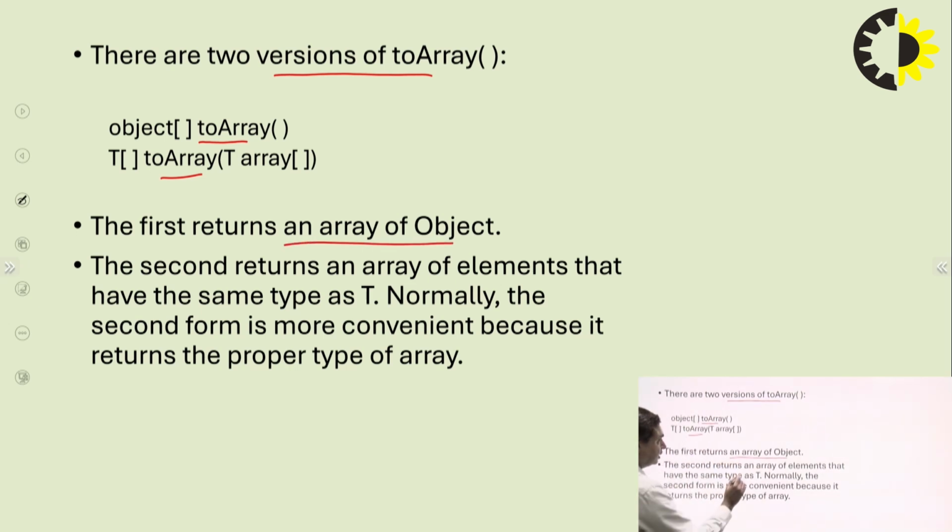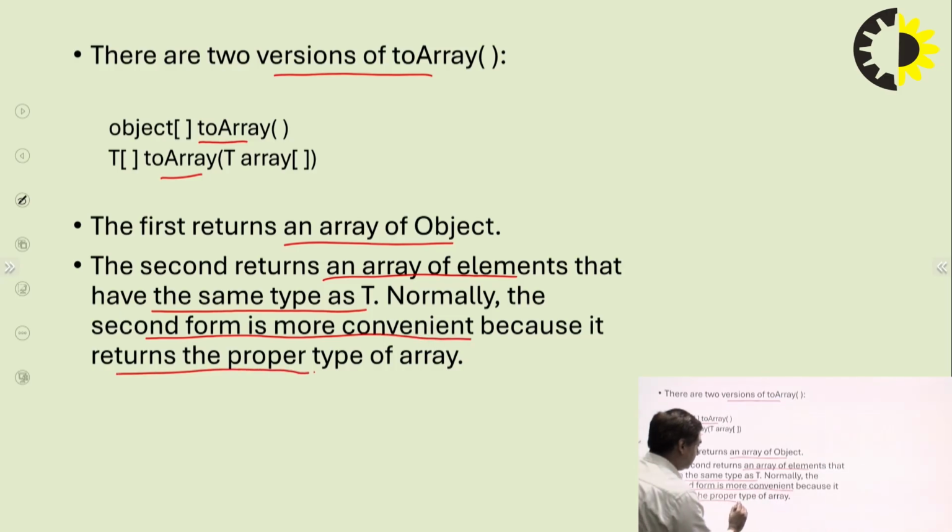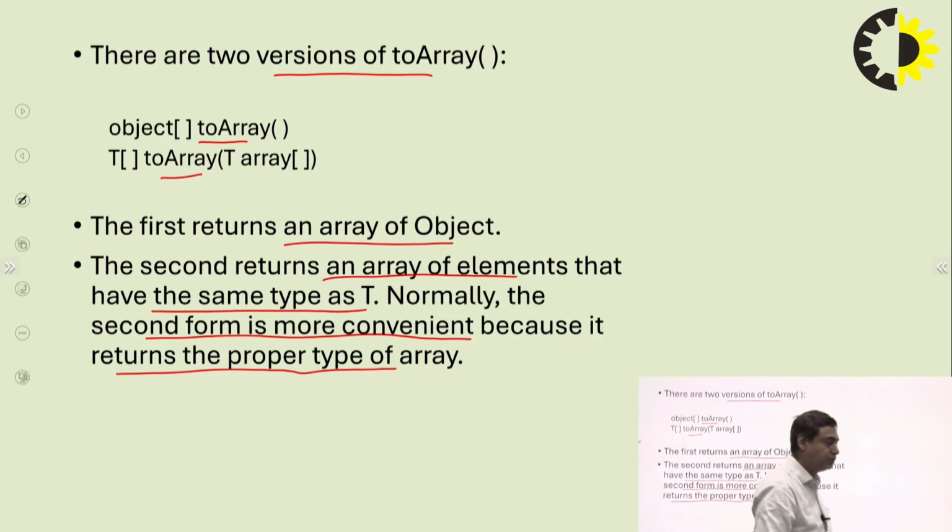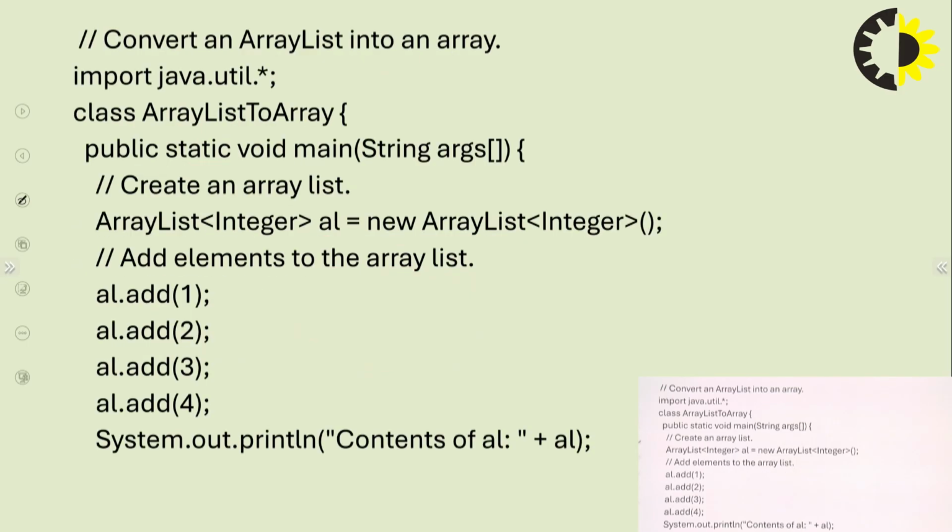The second returns an array of elements that have the same type as T. Normally the second form is more convenient because it returns the proper type of array, that is, an array of simple elements of a basic type. Now this is the program.